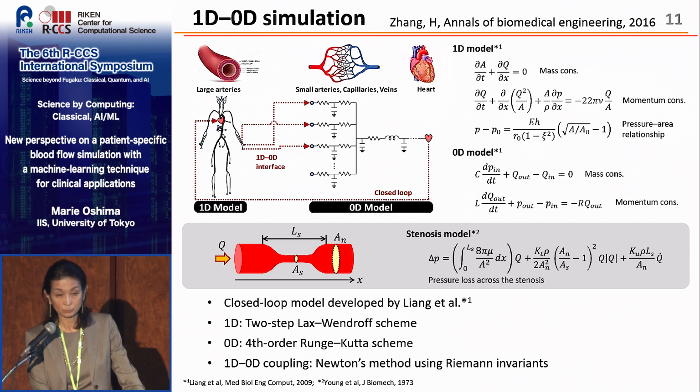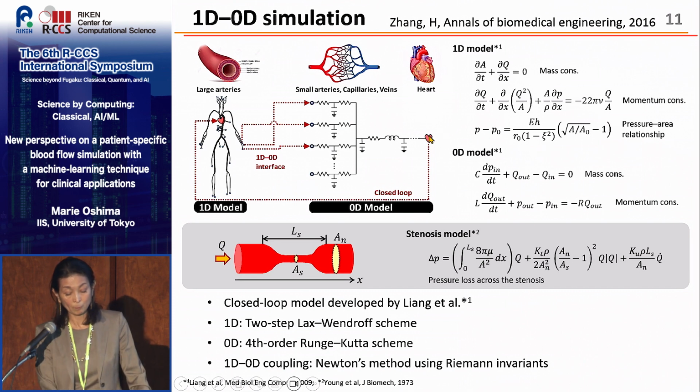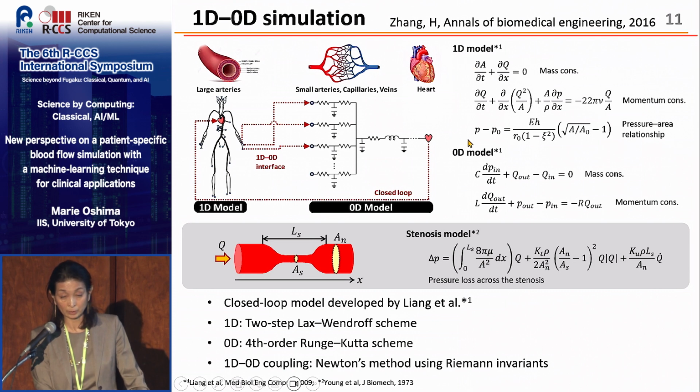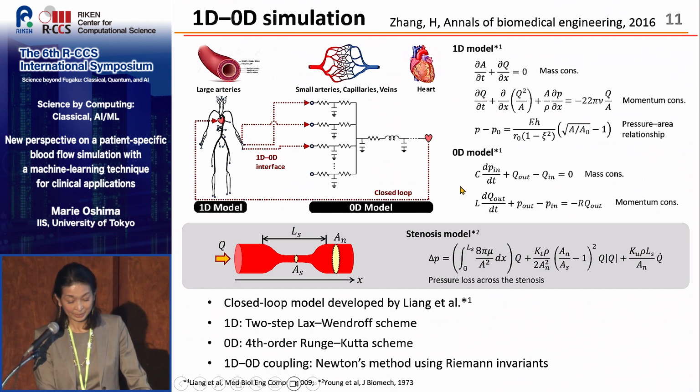So that means that we need a relationship between pressure and area, which is given by this equation. And we also combine the 1D simulation with the 0D simulation, which consists of an electric circuit like this. And this equation is for mass conservation, and the other equation expresses the momentum equation.